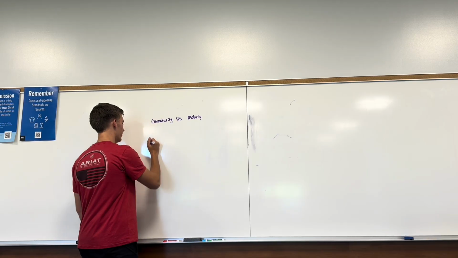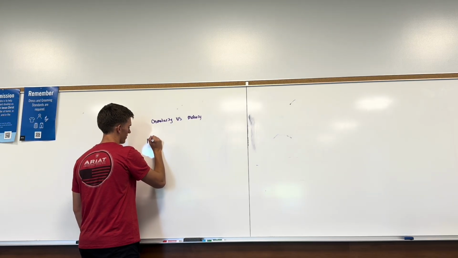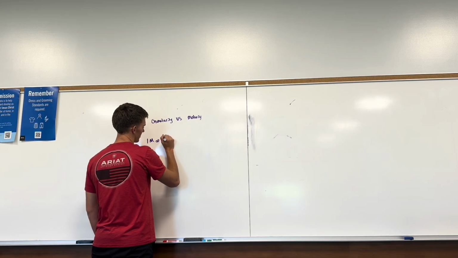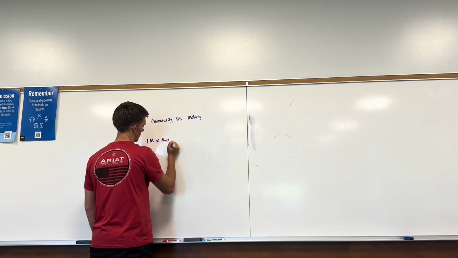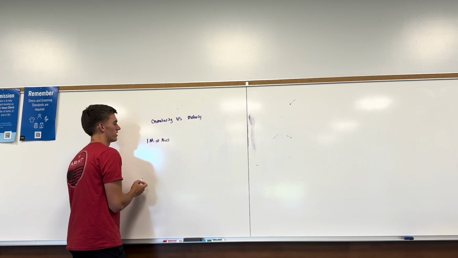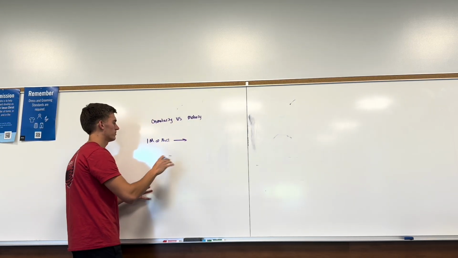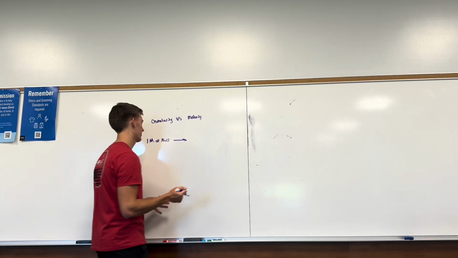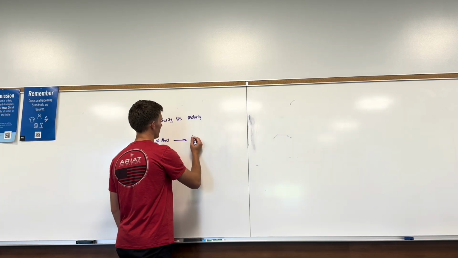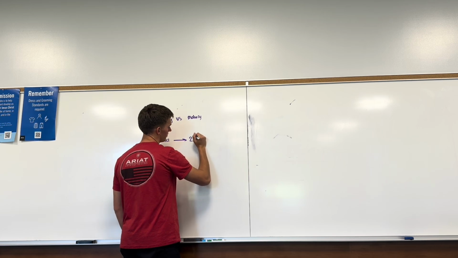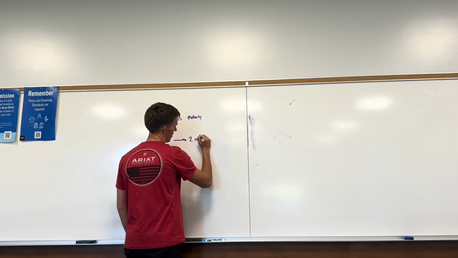If I have 1 mole of sodium chloride, if I put that in water, what's going to happen? The sodium chloride is going to fall apart into different ions. And so it really turns into 2 osmoles.